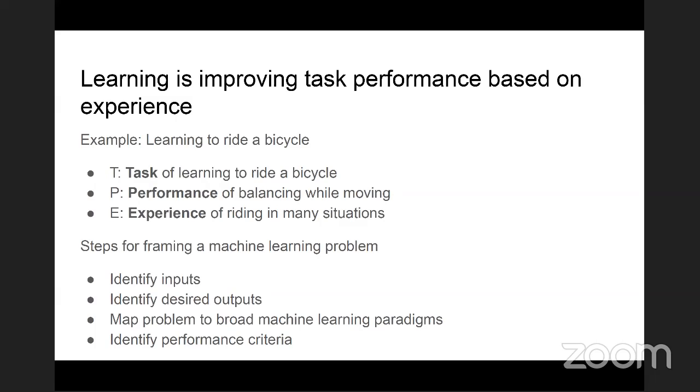Okay, so Jay, can you explain the third point, map problem to broad machine learning paradigms? Can I explain it again? Yes. So what that means is that when you look at the outputs, if you have one output for every input, then it's a supervised problem.